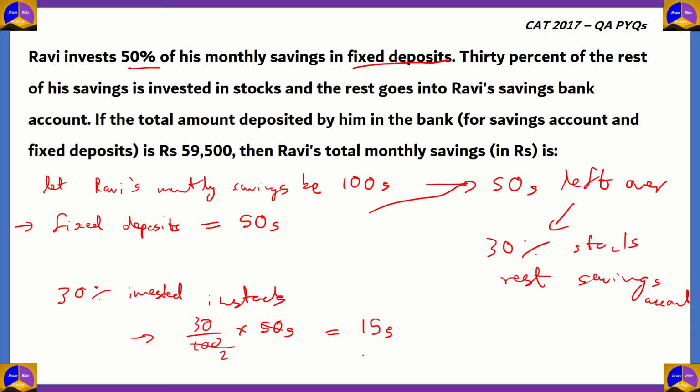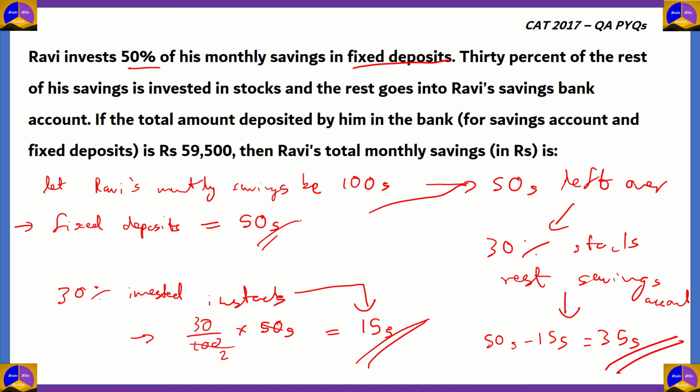So 15s is the amount of money that he has invested in stocks. Now the rest goes into the savings account. That means 50s minus 15s equals 35s goes into his savings account.